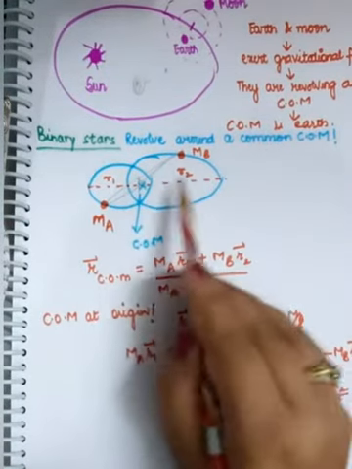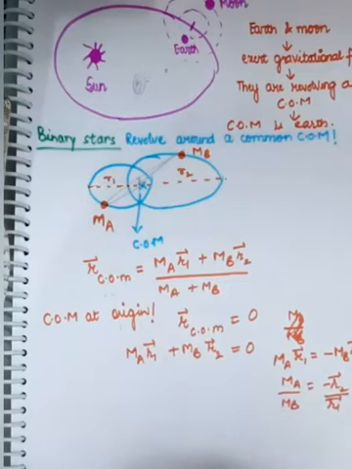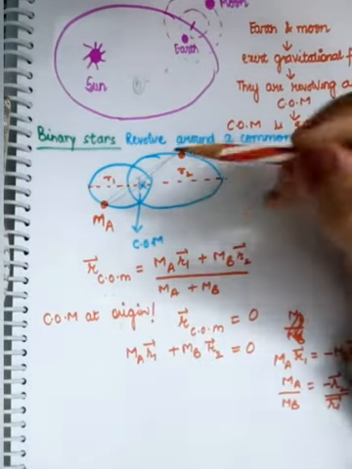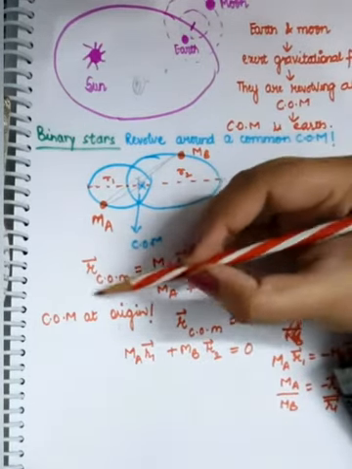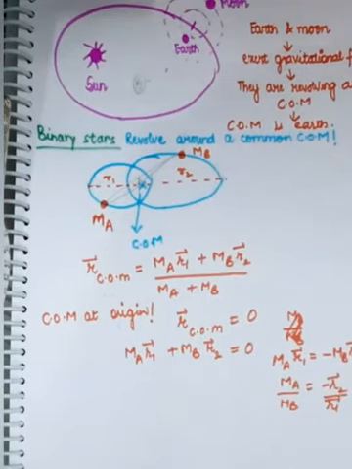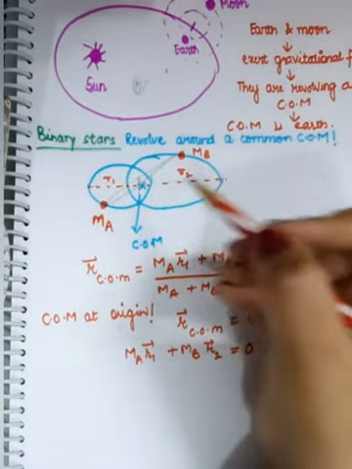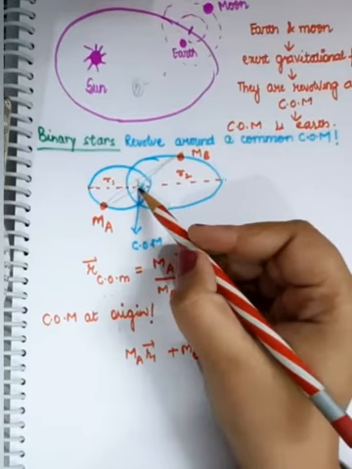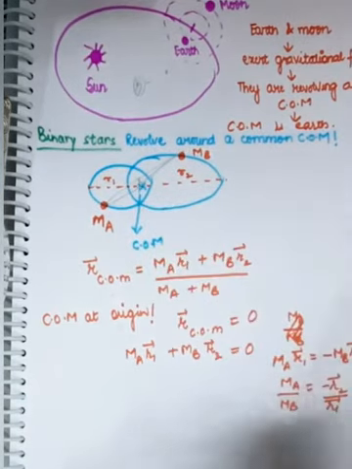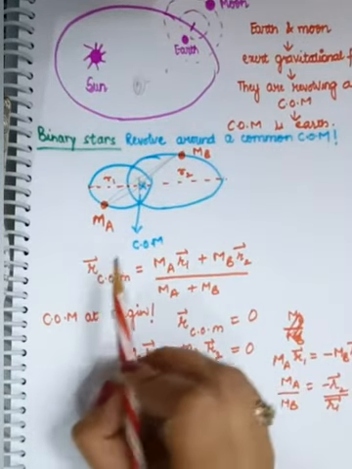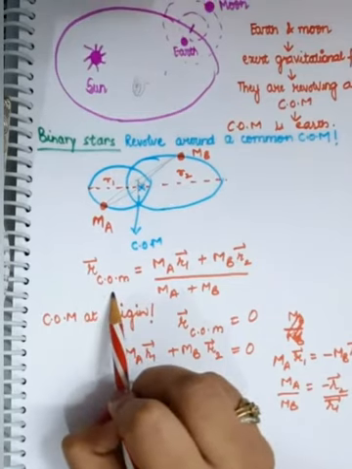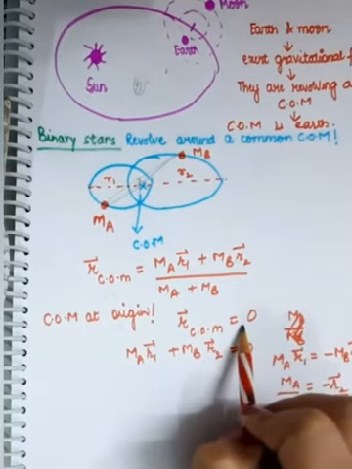And r1 and r2 are here only. So this is the position vector measured from the origin. But if you take the center of mass to be the origin, then what is going to happen? The position vector of the center of mass with respect to the origin will be 0.